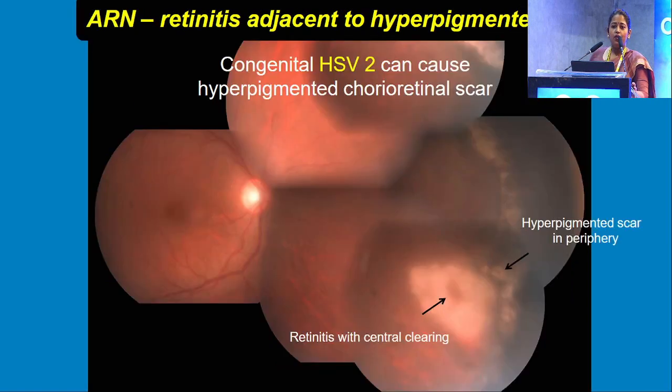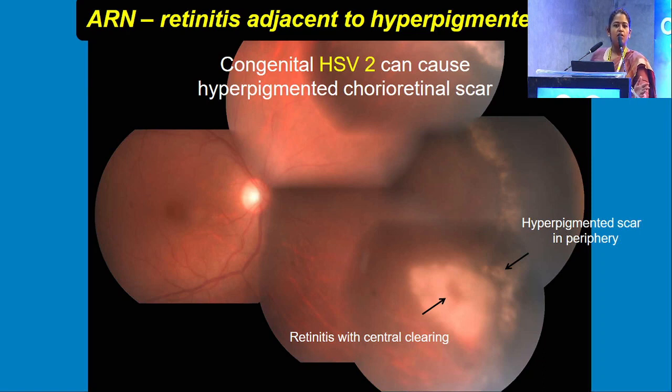As I told you in the clinico-etiological differentiation about HSV2, there will be history of maternal or neonatal herpes infection, or there might be pigmented scars. As we know, retinitis occurring adjacent to a pigmented scar is classically seen in toxoplasma. But HSV2 is one of the differentials because reports are there that HSV2 can cause bilateral hyperpigmented chorioretinal scars, irrespective of the location in the retina.